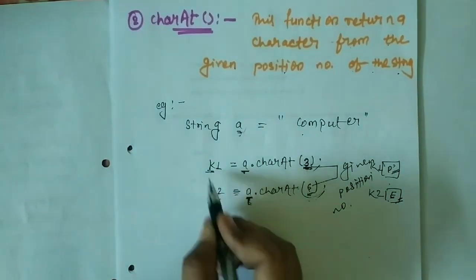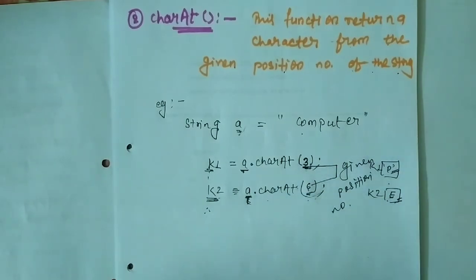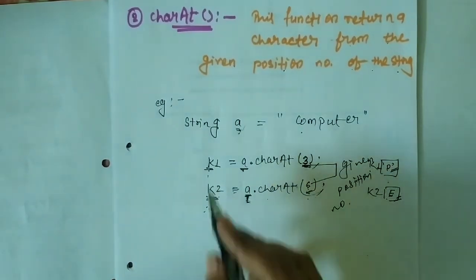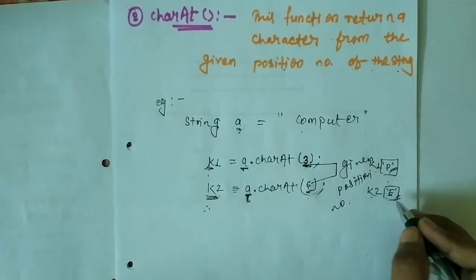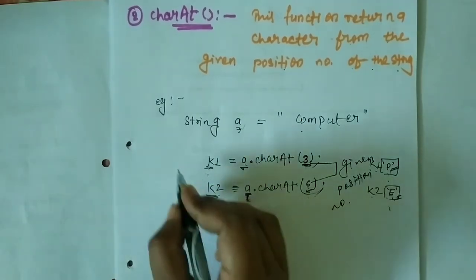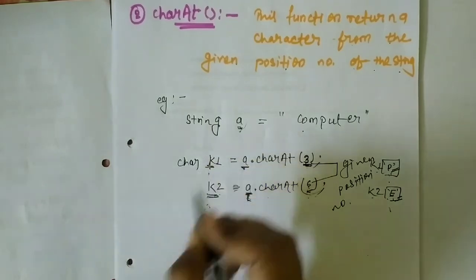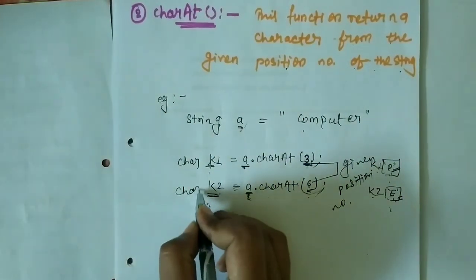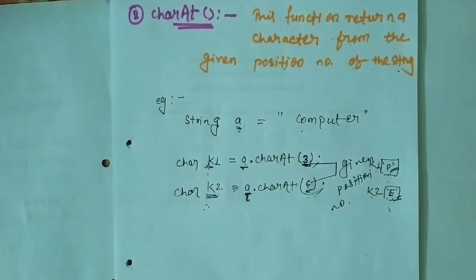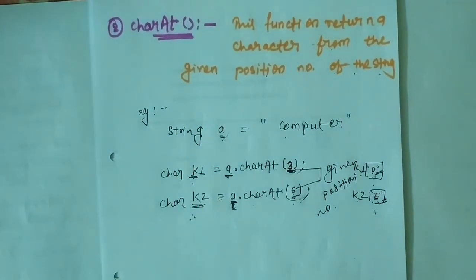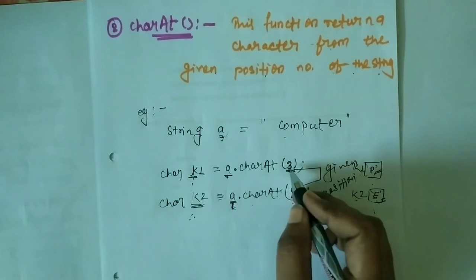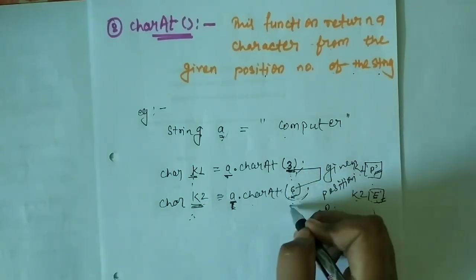What is the data type of K1 and K2? K1 stores P and K2 stores E. Both are characters, so the data type of K1 and K2 is char. This is the return type of charAt. So this is the charAt function. It gives the value or character at the given position.